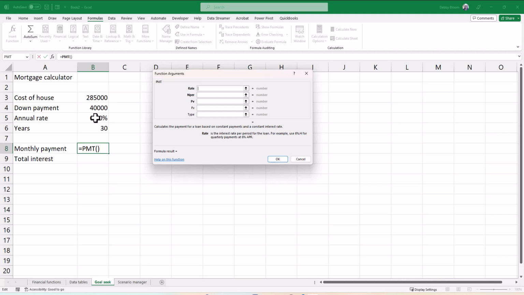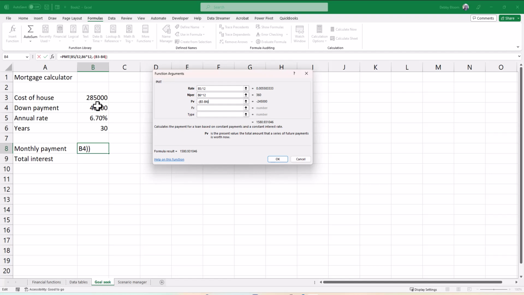So once again, my rate is 6.7% divided by 12. My NPER is 30 times 12. My PV negative, open parentheses, cost of the house minus the down payment, close parentheses.